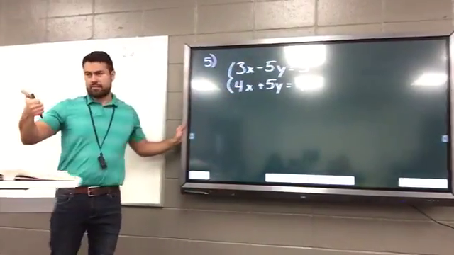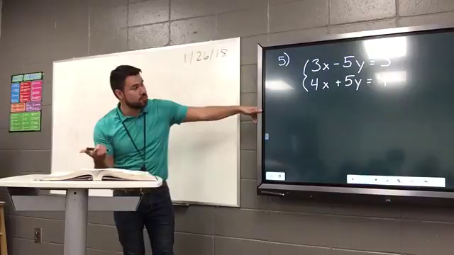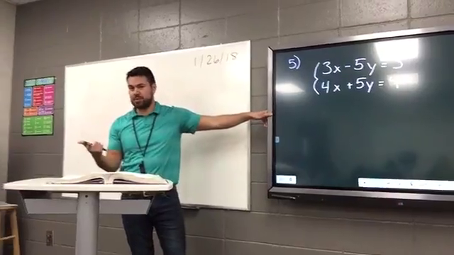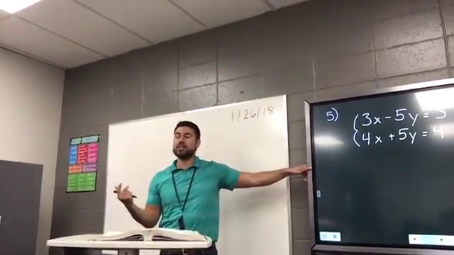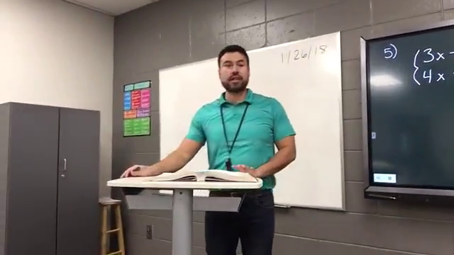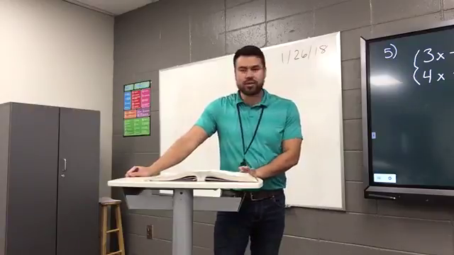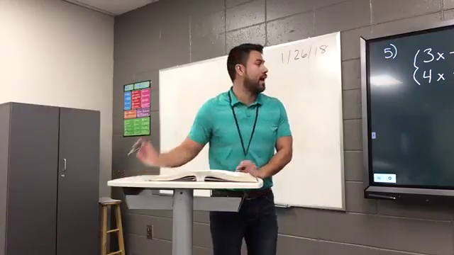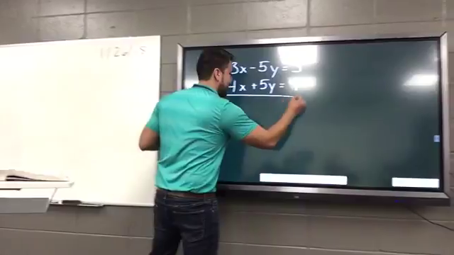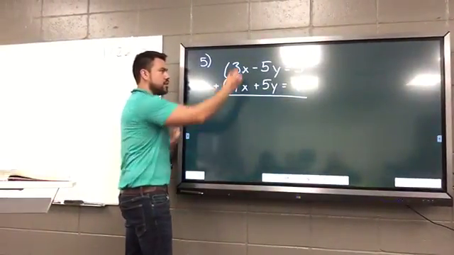I could graph it. I don't want to graph this. I can substitute. Might be tough to substitute. I can use elimination, because if I add the two equations, what's going to be eliminated? The y. So look, I'm going to draw my little addition.